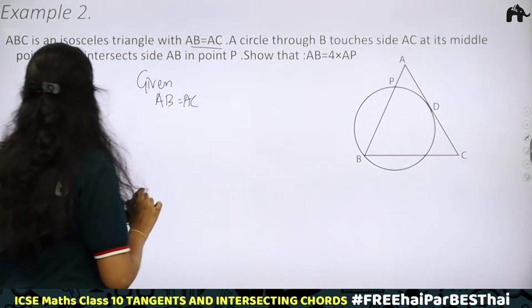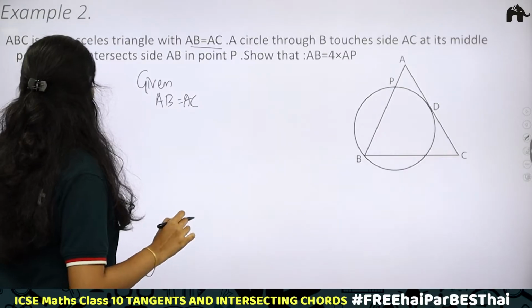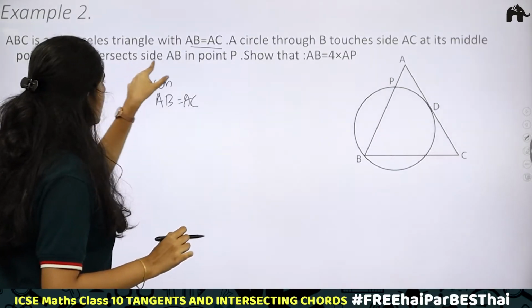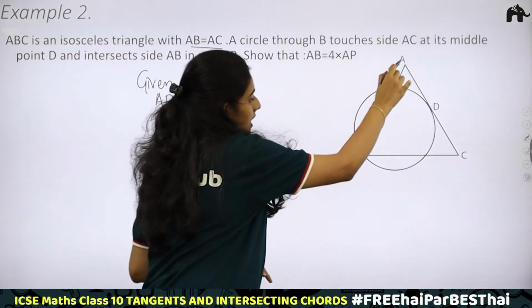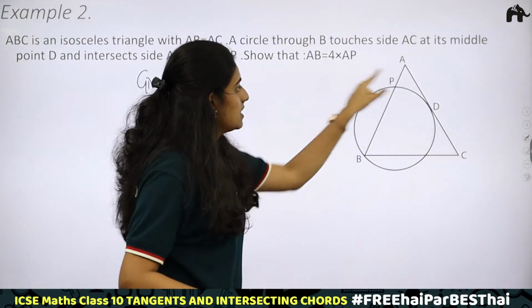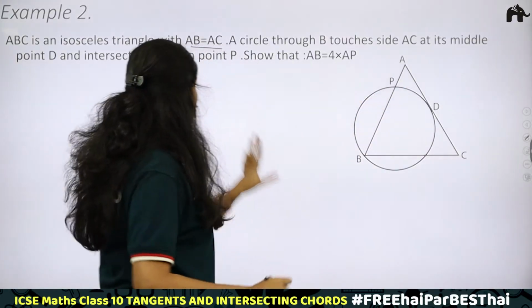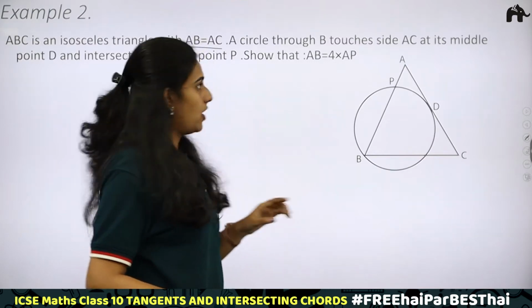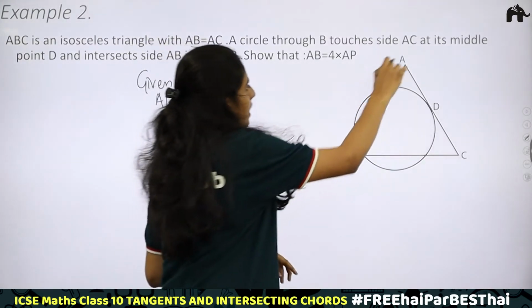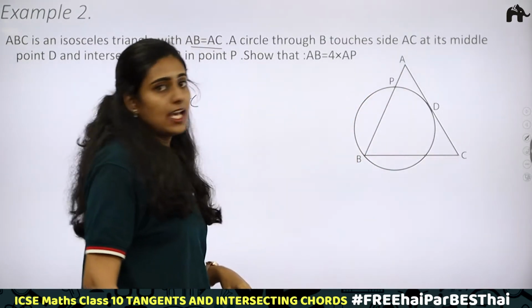Also, the circle intersects side AB. AB is this side. The circle intersects AB at point P. So, this is a point P. We have to show that AB is equal to 4 times AP.